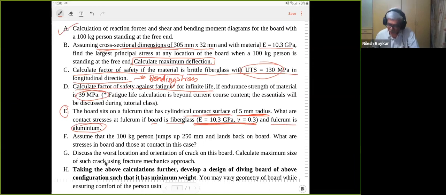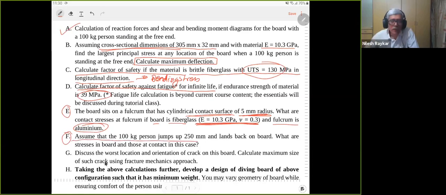Part F is related to strain energy. We have not covered that topic in this particular course. Essentially, when a man jumps from a certain height, the potential energy from that height will have to be absorbed by the deforming body, in this case the jumping board. You will have to calculate how much energy would be stored in that board.